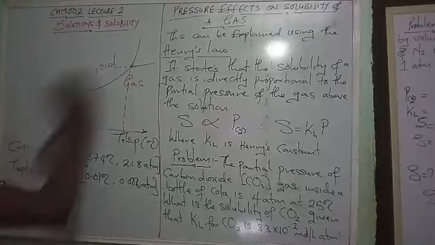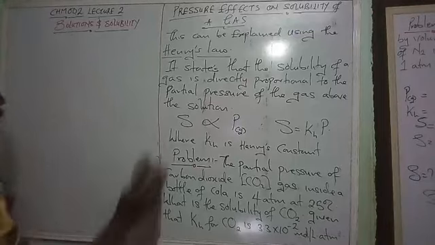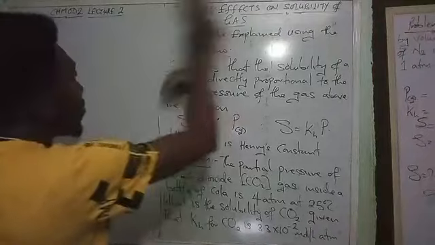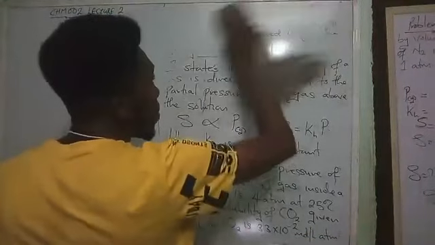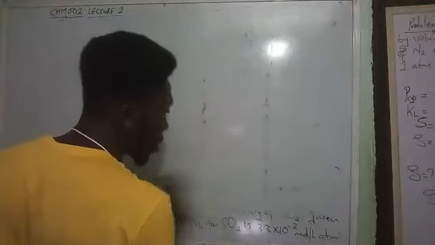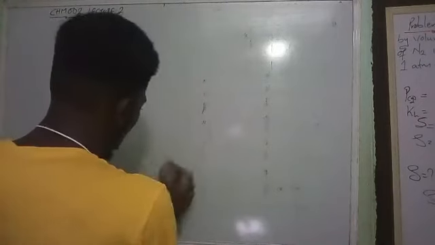You can express concentration in a number of ways. We have molarity, mole fraction, parts per million, parts per billion. Once we are done with this aspect, we'll be going to colligative properties.